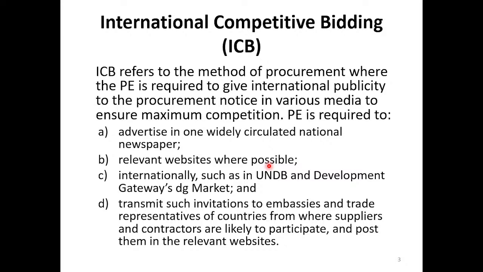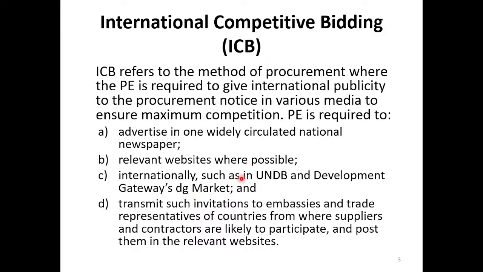Many public sector organizations have their own websites. These are popular, so many suppliers regularly visit the sites. Internationally, there are UNDP, United Nations Development Program, and Development Gateway, DG Market.